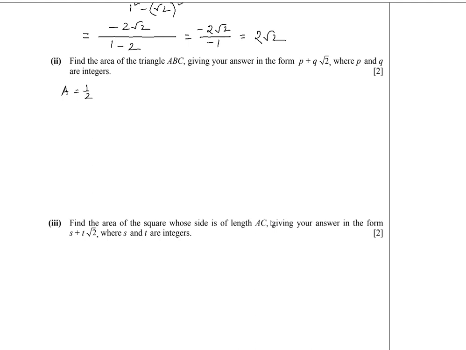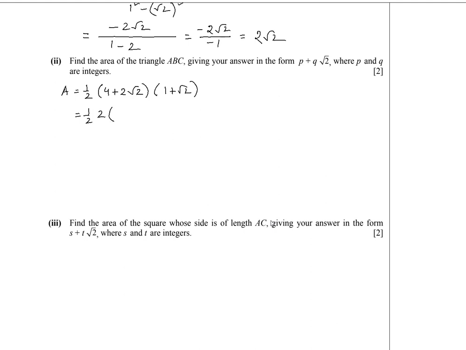So half times AB, but the length of the AB is 4 plus 2 root 2. So we can write half times 4 plus 2 root 2, then times BC, but our BC is 1 plus root 2. So we can write times 1 plus root 2.